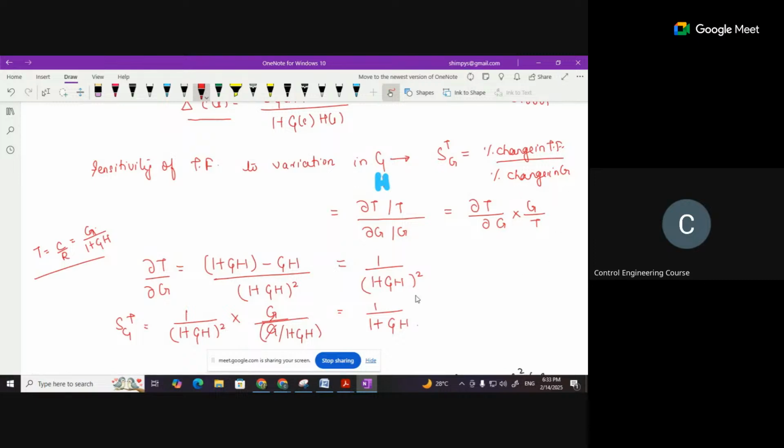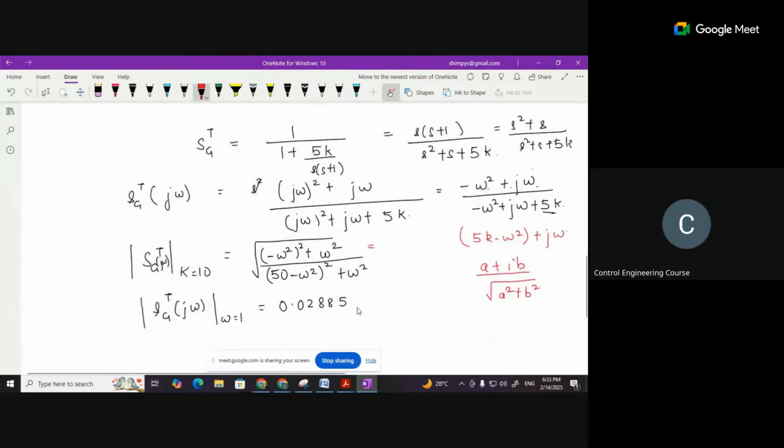And this number can also be negative, right? This number can also be negative, as we have taken out the magnitude here.